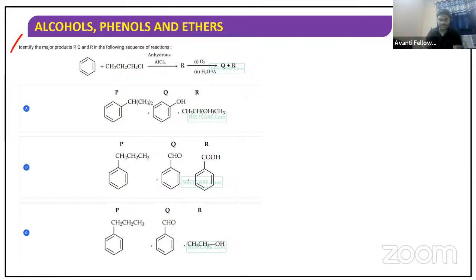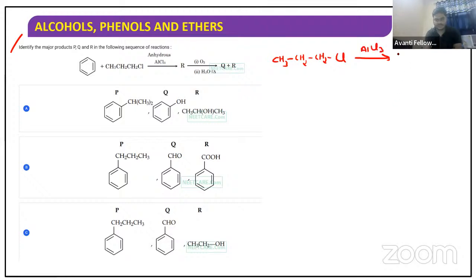What will be formed? And next we treat with O2, and then we'll get Q plus R. So this we need to identify first. ठीक है? चलो. So इसमें सबसे important point क्या है? ये है that is CH3CH2CH2Cl when they treat with AlCl3.